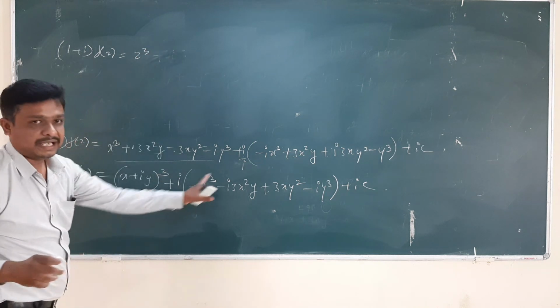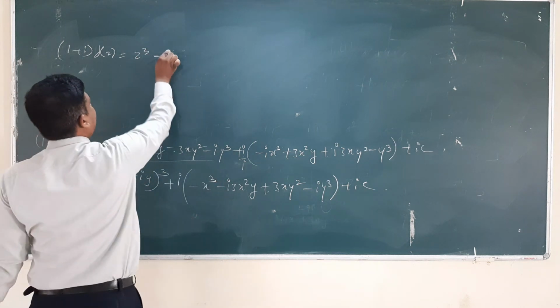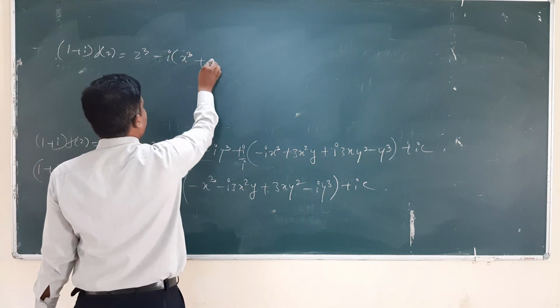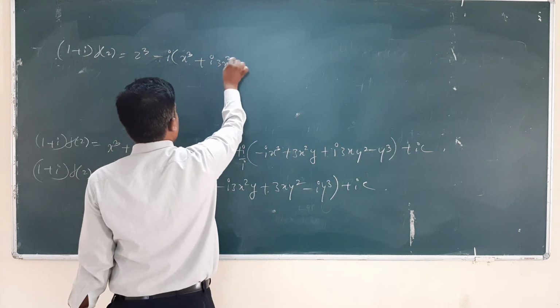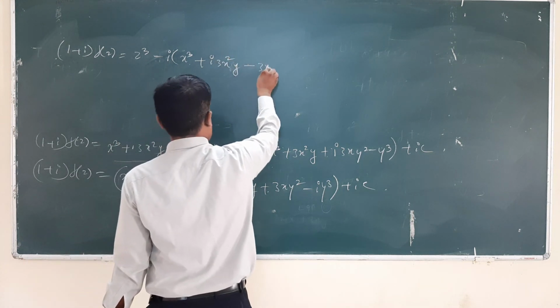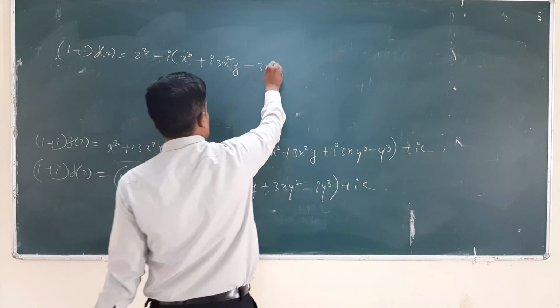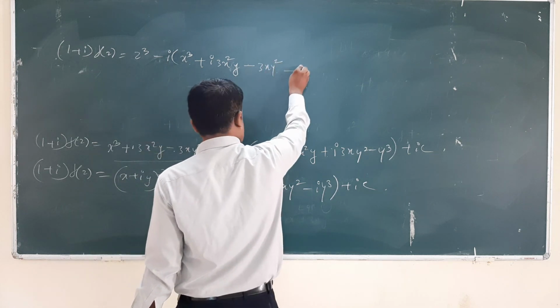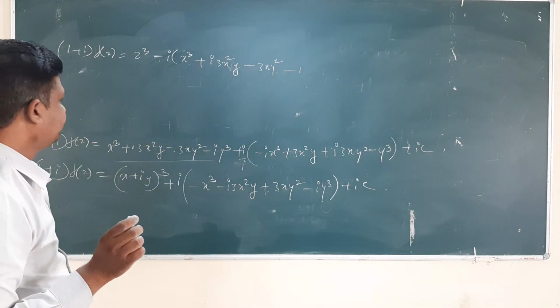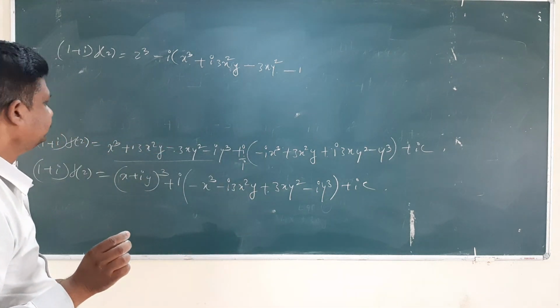Here I will take minus sign common: minus i into x cube plus i 3x square y minus 3xy square plus y cube.